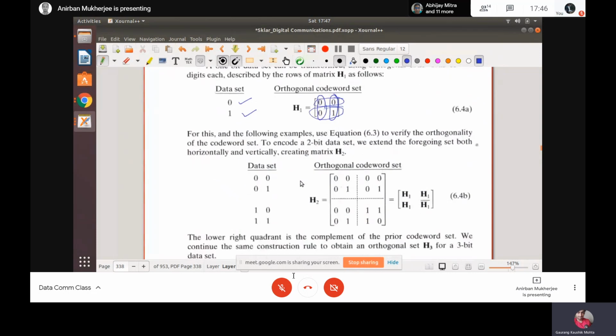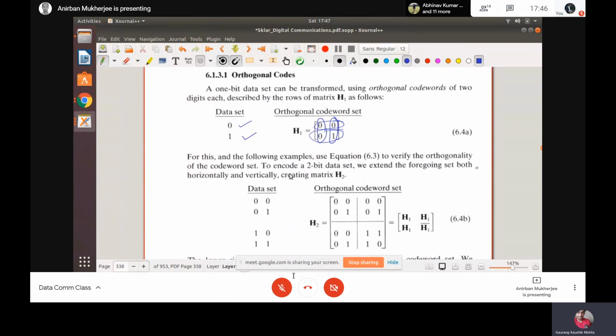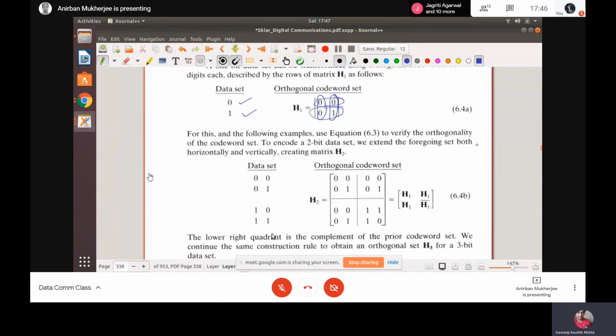Now, if I have the data set 0, 0, 0, 1, 1, 0, 1, 1, that means a 2-bit data set, whereas here it is a 1-bit data set. If I have a message string 0, 0, 1, 0, then I break each into two bits: this 0 is 0, 0, this 0 is also 0, 0, 1 means 0, 1, and 0 means 0, 0.